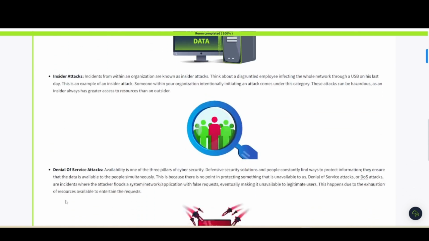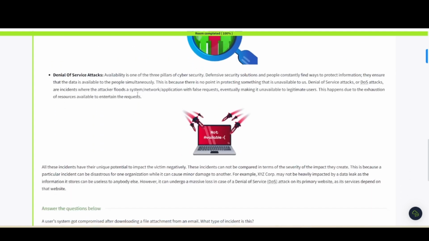Insider attacks. Incidents from within an organization are known as insider attacks. Think about a disgruntled employee infecting the whole network through a USB on his last day. This is an example of an insider attack. Someone within an organization intentionally initiating an attack comes under this category. These attacks can be hazardous, as an insider always has greater access to resources than an outsider.